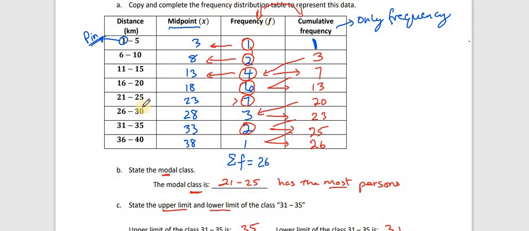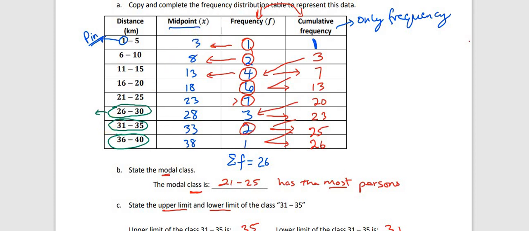The students who recorded a distance of 26 or more will fall in which categories? This one, 26 to 30. What else? 31 to 35. Anything else? And 36 to 40. So how many students do we have in 26 to 30?